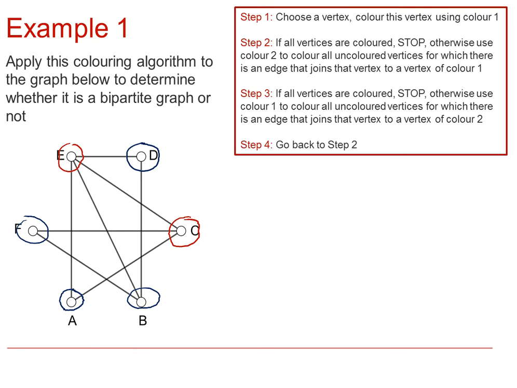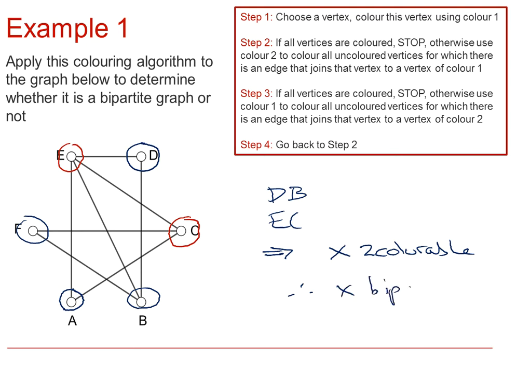However, we have some issues here, because we can see that D and B are joined by an arc and of the same colour, and so are E and C. So even one of those examples is enough to show that it is not two colourable, and therefore it is not bipartite.